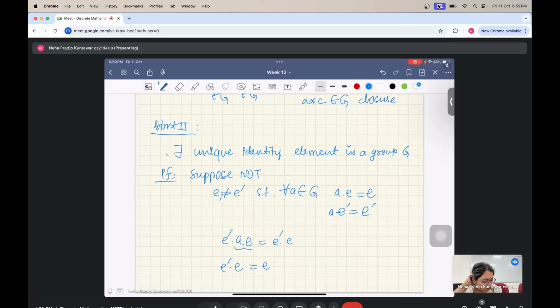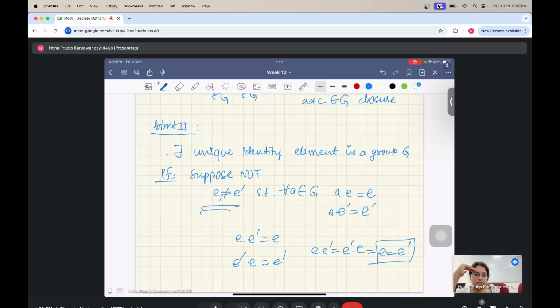E of E prime is same as E, and E prime of E is same as E prime, and E of E prime is same as E prime of E, which is same as E, which is same as E prime, which is a contradiction to the fact that E and E prime are distinct elements.